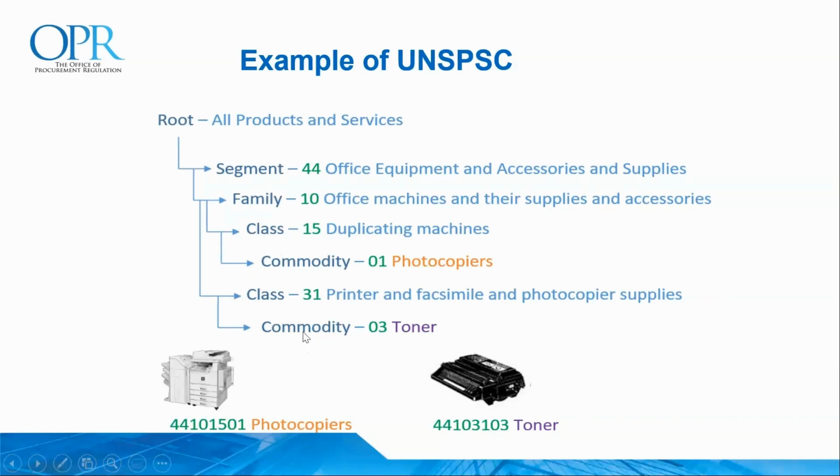However, where they differ is at the class and the commodity. The photocopiers class code is 15 for duplicating machines, whereas the class for the toner would be 31 for printer and facsimile and photocopier supplies. When we drill down to the fourth and final level, we will have a unique code 01 for the photocopiers and then 03 for the toners. So altogether, the four parts of the code make up that unique commodity code.